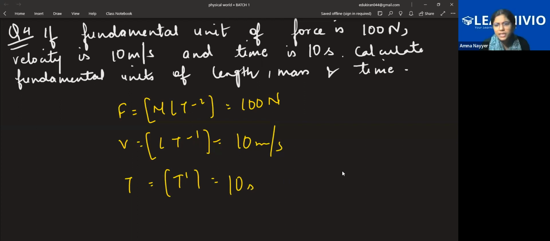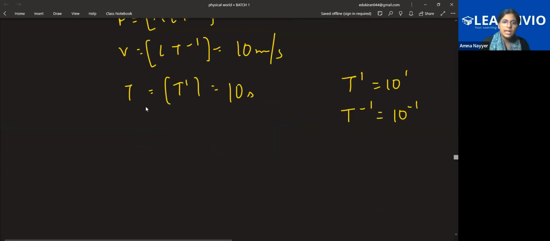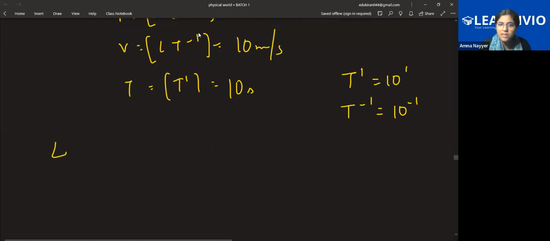Now, class, tell me, if T to the power 1 is 10 to the power 1, then T to the power minus 1 would become 10 to the power minus 1, right? Now, can I substitute this in L into T to the power minus 1? Can I write T to the power minus 1 as 10 to the power minus 1?